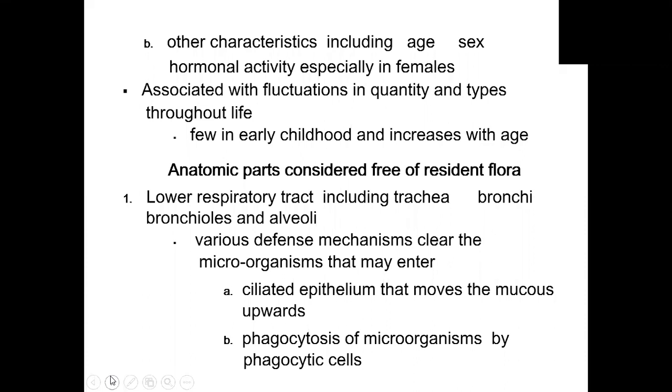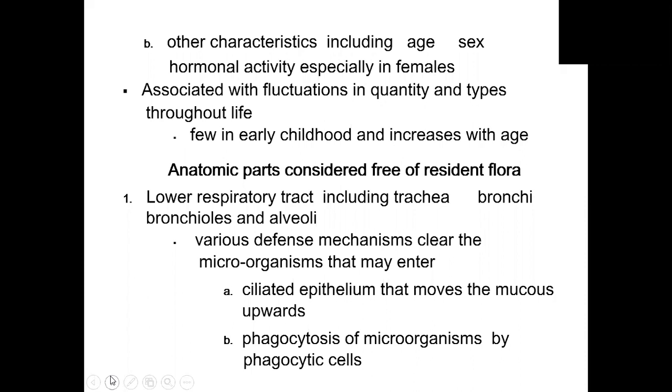These have cilia or inbuilt mechanisms like secretions of mucus that would catch any bacterium that might land there, and eventually it gets expelled. So the lungs are totally free of normal flora, and bronchioles and bronchi, up to the trachea.